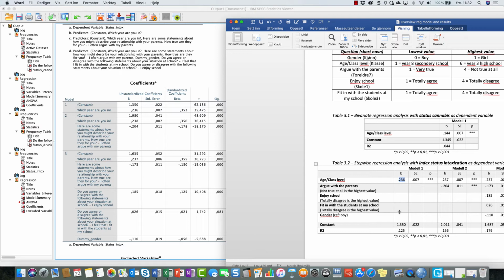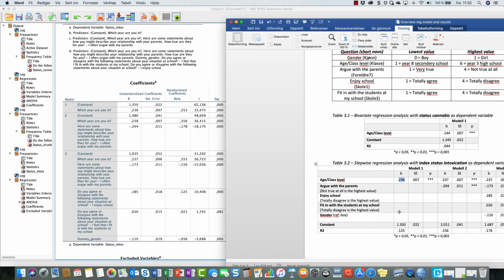And what does that mean? Well, the older kids compared to the younger think it increases your status more to get intoxicated. And the difference between the 8th grade and 9th grade is 0.236. The difference between the 9th grade and the 10th grade is 0.236, and so on and so on.